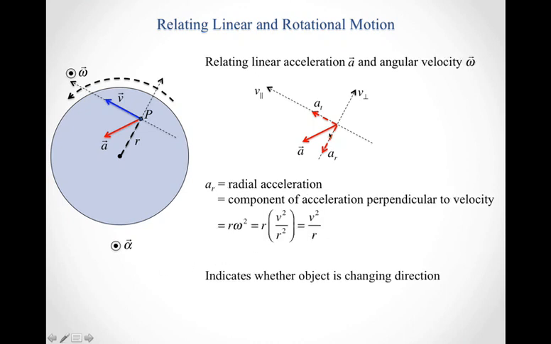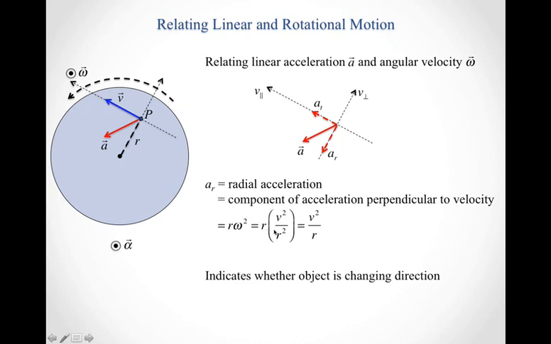The second component is the radial acceleration. It's the component of the acceleration that's perpendicular to the velocity, and it has a slightly different expression. The radial acceleration component is equal to r times omega squared. Using our expression for omega from the previous slide, omega squared is just v squared over r squared.